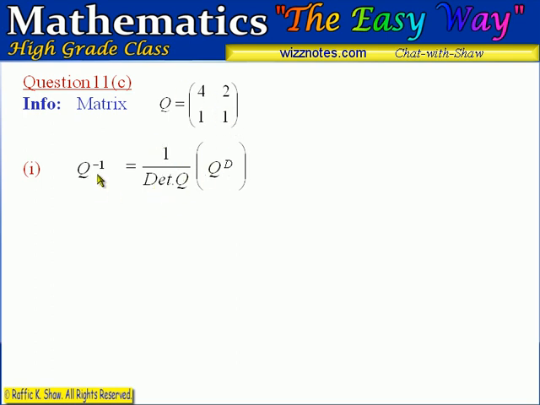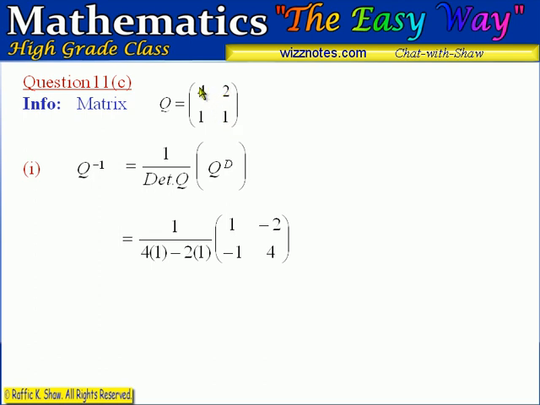That is Q to the -1 equals 1 divided by the determinant of matrix Q multiplied by the adjoint matrix of Q. And we can show how the determinant of Q is calculated and how the adjoint matrix of Q is determined. And this is it. The determinant of Q is obtained by multiplying the product across here in the matrix Q minus the product across here.